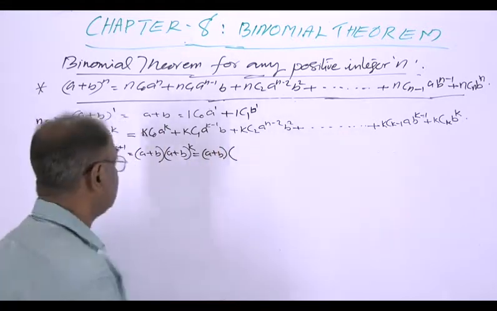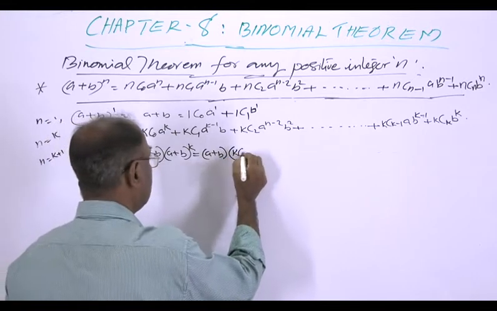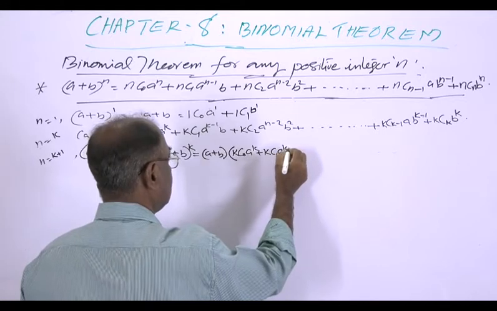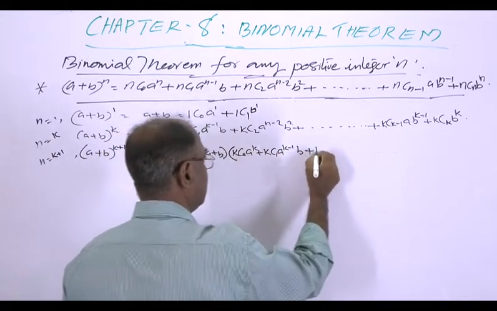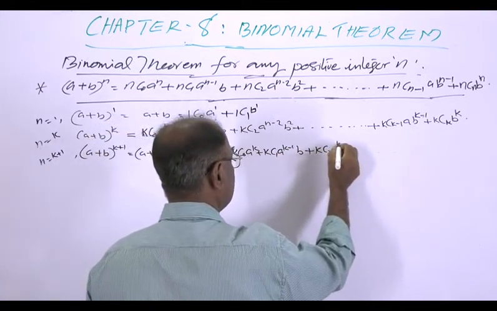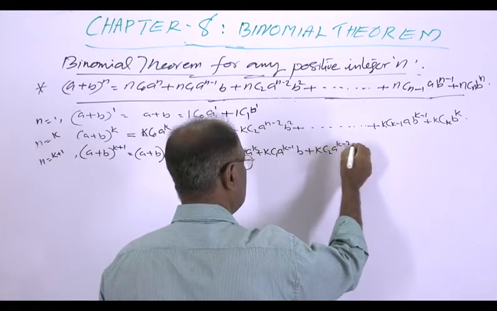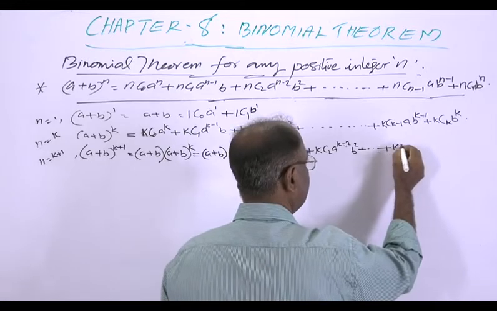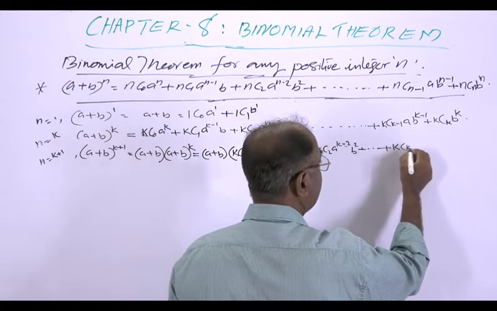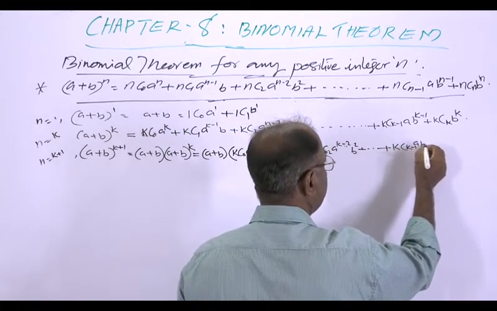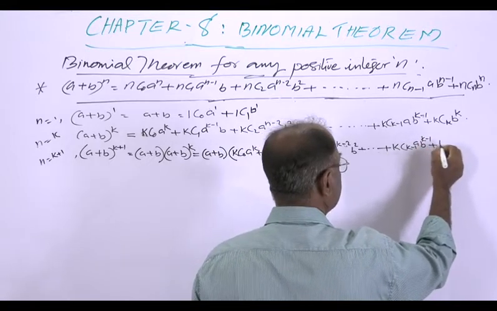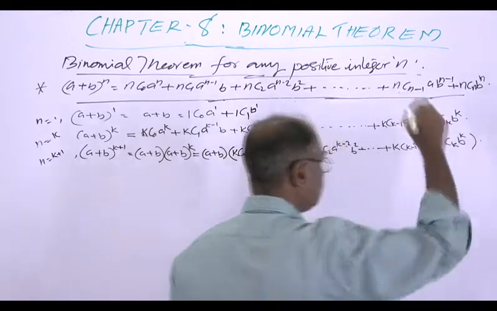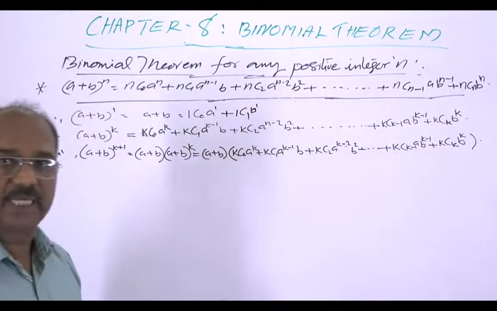So this is equal to kC0 a^k plus kC1 a^(k-1) b plus kC2 a^(k-2) b^2 plus etc., plus kC(k-1) a b^(k-1) plus kCk b^k.